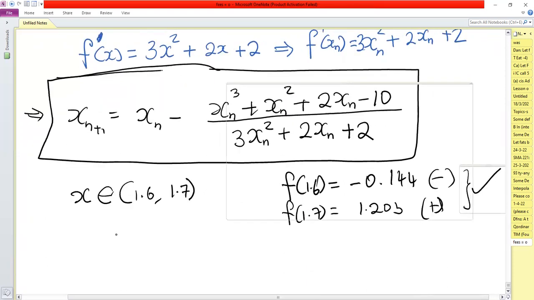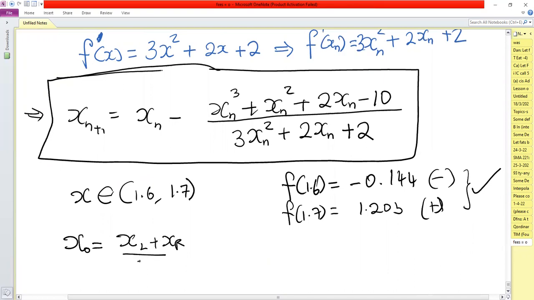If you remember the first method we discussed, bisection, the initial approximation x naught is usually given by the average of these two values that make the interval. So x_L plus x_R over 2, which will be 1.6 plus 1.7 over 2, which is 1.65. So this is what we pick as our initial approximation.